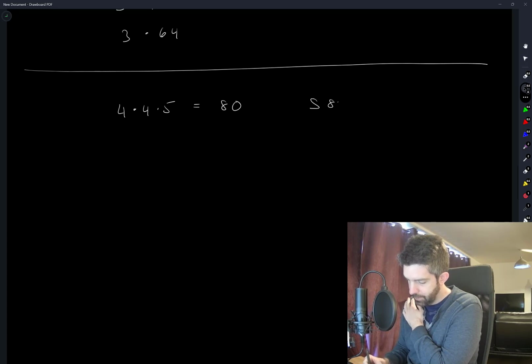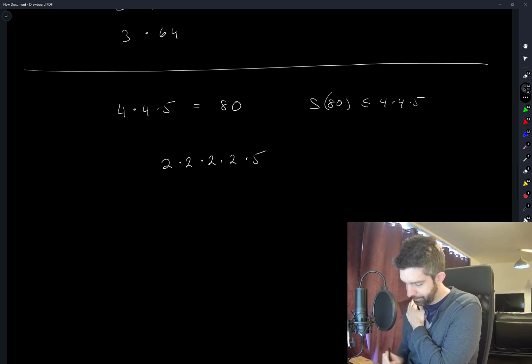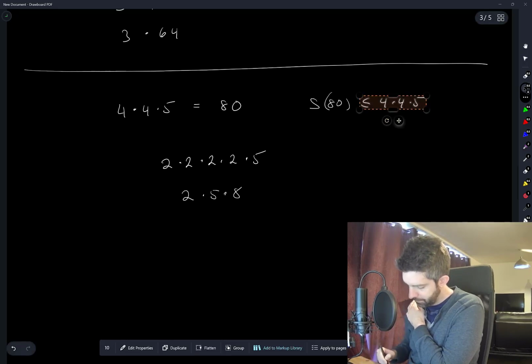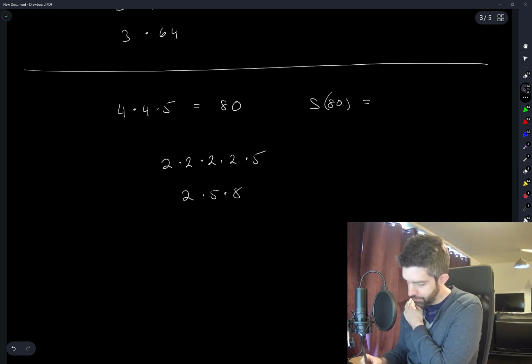So S of 80 is certainly less than 445. Can I write this in a smaller way though? So this is 2 times 2 times 2 times 2 times 5. I can write this as 285 or 258. So S of 80 is equal to, I believe this is probably the smallest we can get, 258.